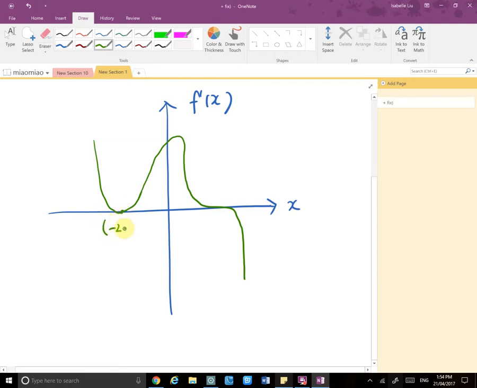That point is -2, 0. That point is 3, 0. And that point is 1 and 10. And that point is 0, 9 or 8.